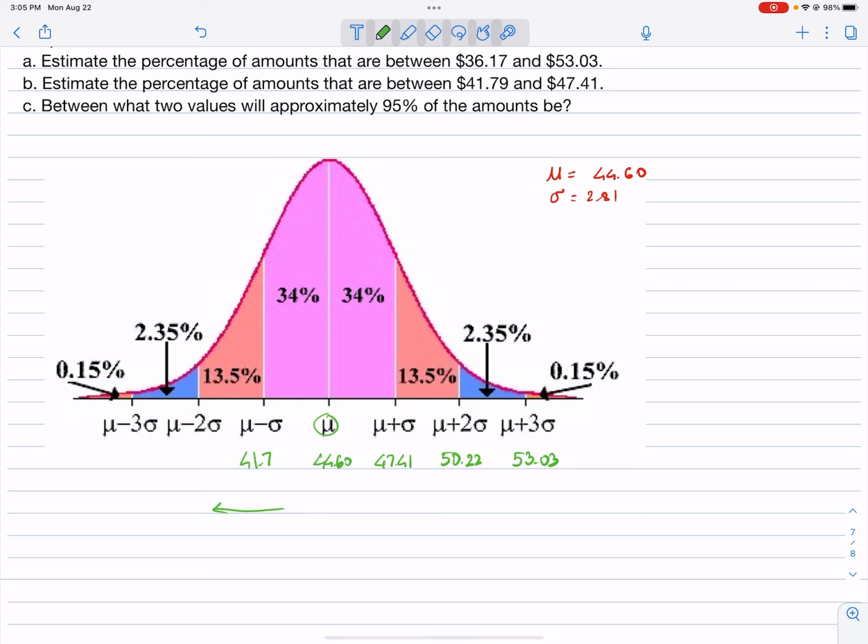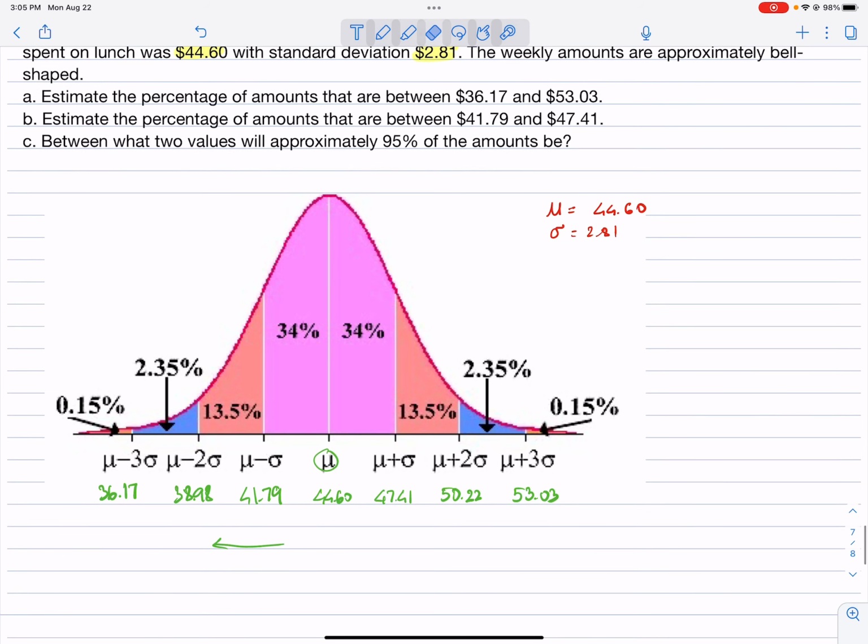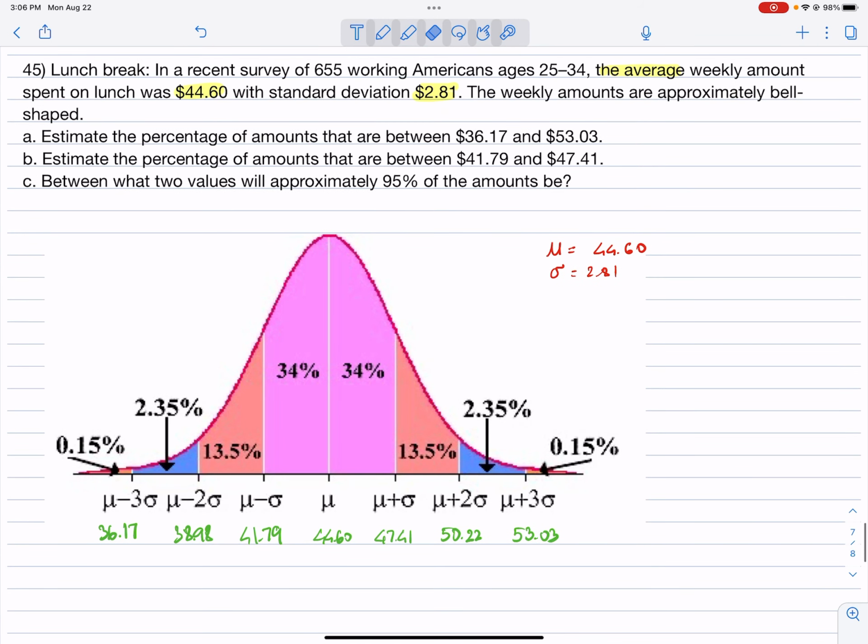So we get 41.79, then 44.60 in the middle, then 38.98, and 36.17. After we fill out all of the numbers, then we read the problem.